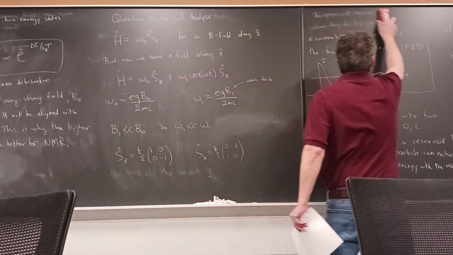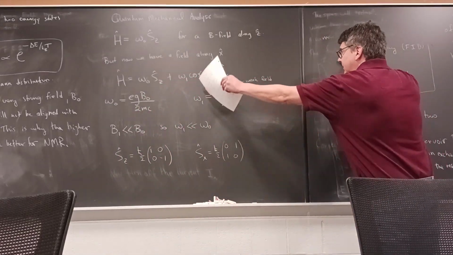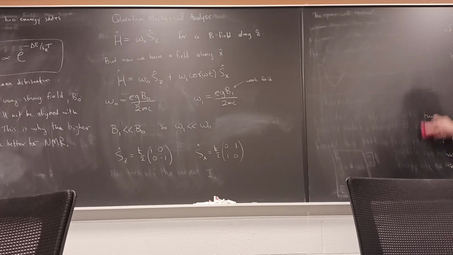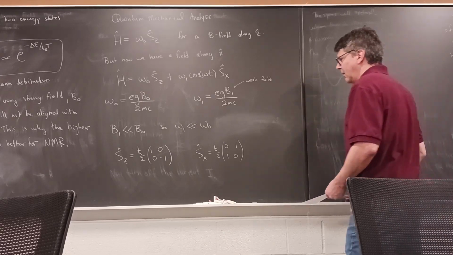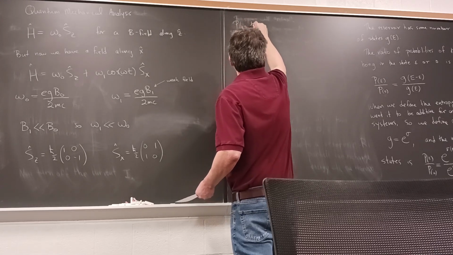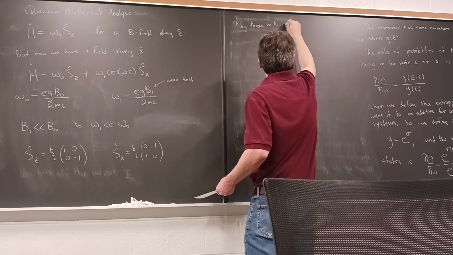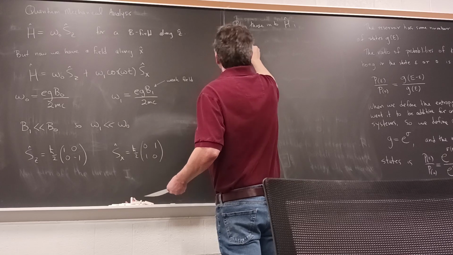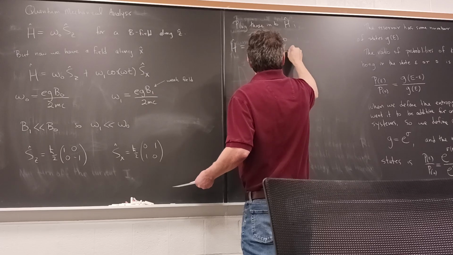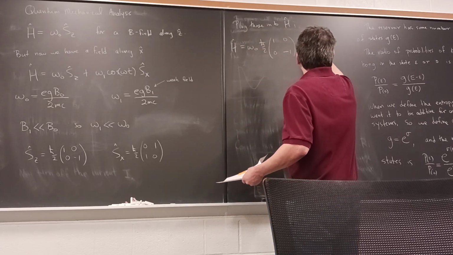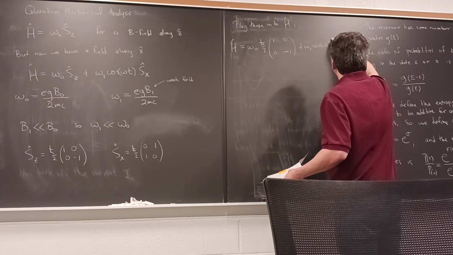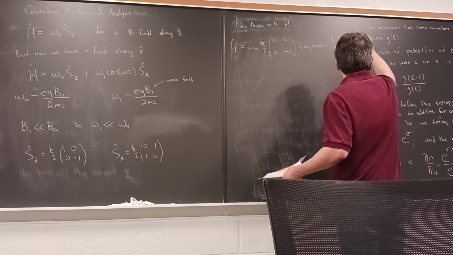So if we plug those in now to our Hamiltonian, then we'll have omega 0, h bar over 2, 1, 0, 0, minus 1, plus omega 1 cosine omega t S X, which is h bar over 2, and then 0, 1, 1, 0.